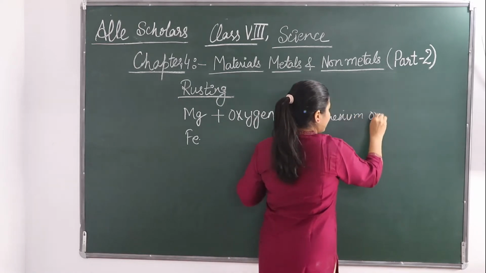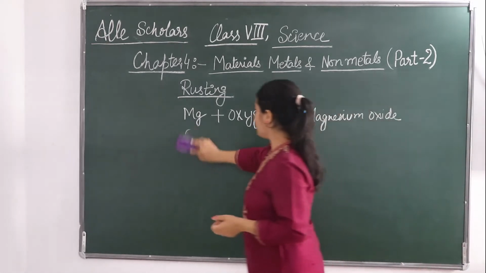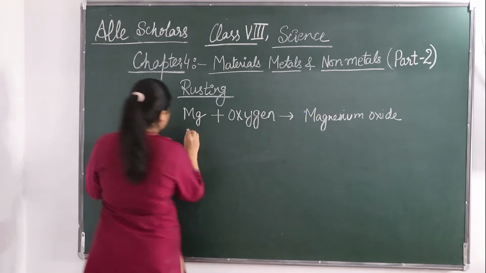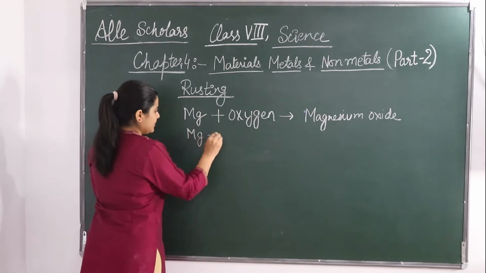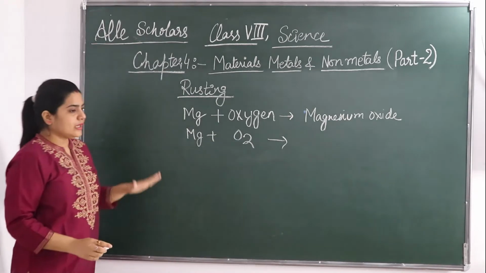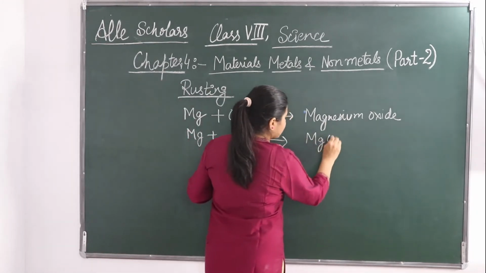Let me write the reaction also. Mg plus O2, the product formed is MgO, that is magnesium oxide.